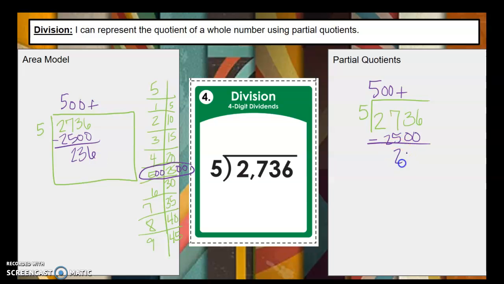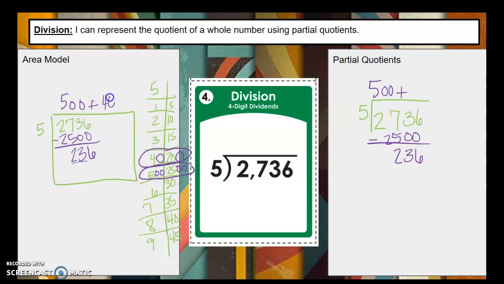So 236 is what I'm left with. All right, so let's see. I can maybe find something close to 23 on my chart. 20 is pretty close. So if I add a 0 on it, 200 is really close to that. So let's do that. And I add 1 zero here and there.